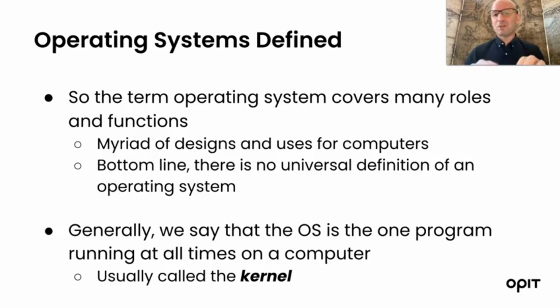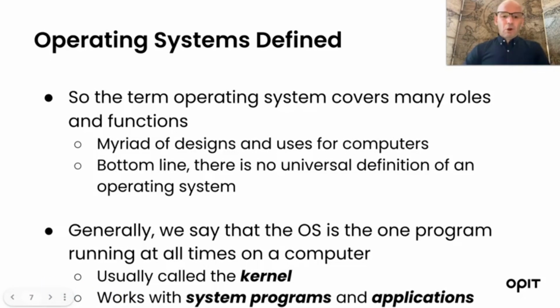For example, as soon as the user starts typing, then the kernel will start to handle all of the keystrokes that are coming in from that keyboard device or touchscreen or whichever way we access our applications. So this is basically just what I've been saying here, right? It works with the system programs and the applications.